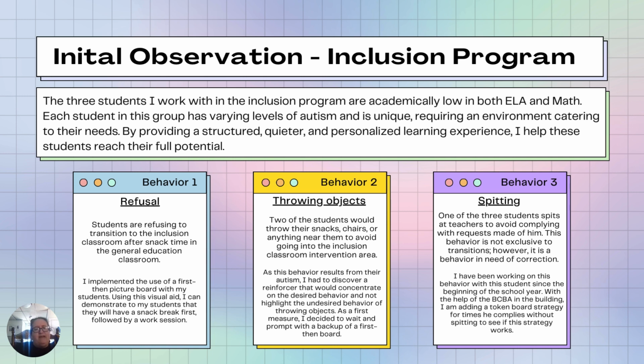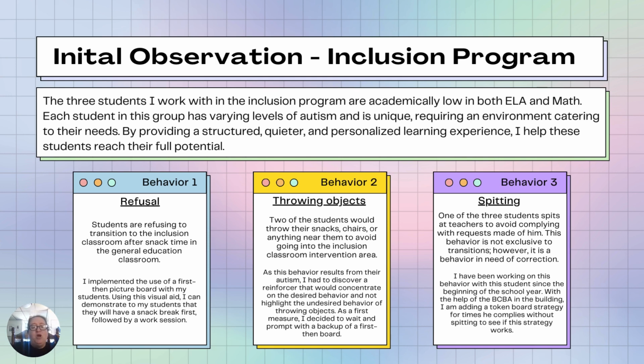This is a behavior that results from their autism and not something that I feel should be penalized, but to create a reinforcer that would concentrate more on their positive behavior to get the desired outcome and minimize the undesired behavior of throwing. As a first measure, I did decide to do the wait and prompt with a backup of the first then board that I had mentioned in the refusal.